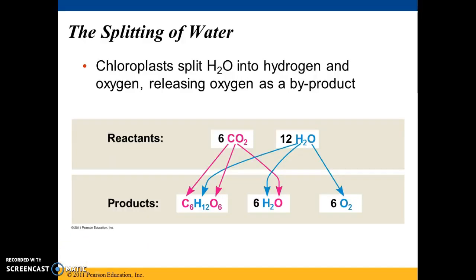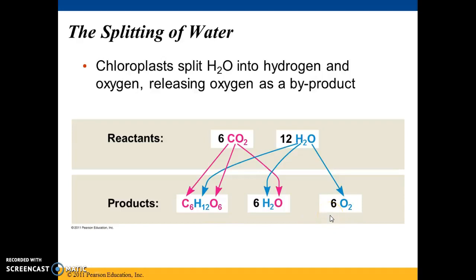When we think about the overall reaction of photosynthesis, we know that plants are breathing in CO2, taking in water, and ultimately we hope that they make their own sugar, or glucose. We also know that oxygen is produced as a byproduct.